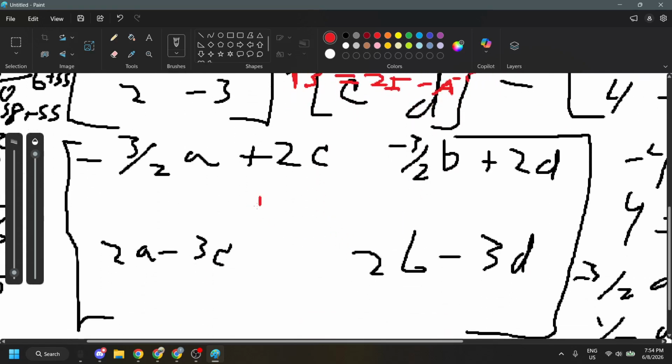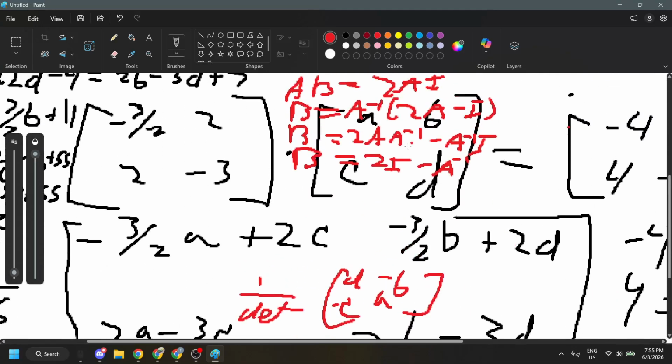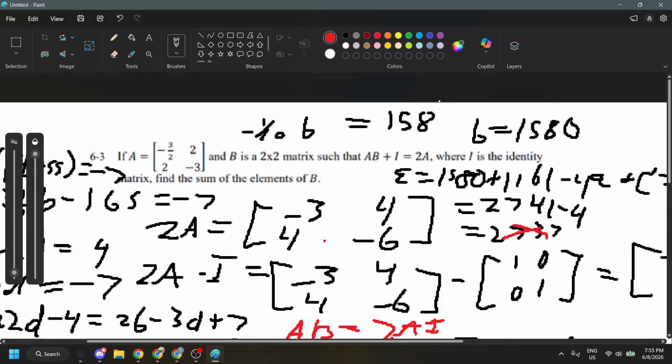I think it might be like 1 over the determinant times like d, negative b, negative c, a or something like that. I don't know. They use some formula to find the inverse, and then they plug that in here to get the actual B. So I didn't do it even remotely correct, but I believe the way I did it, you could use it. I'm not entirely sure.